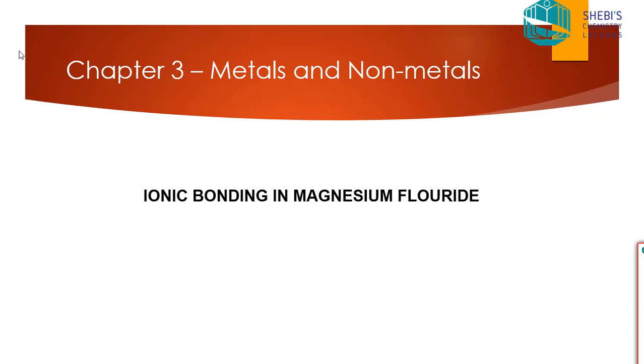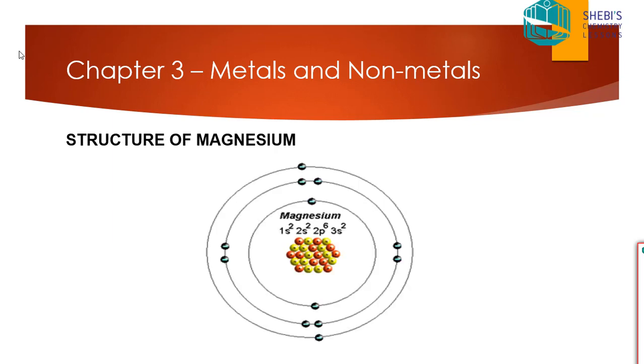MgF2, magnesium fluoride. We are going to discuss how magnesium and fluorine combine with each other to make magnesium fluoride. For that, let's check the structure of magnesium. You know that magnesium has atomic number 12.